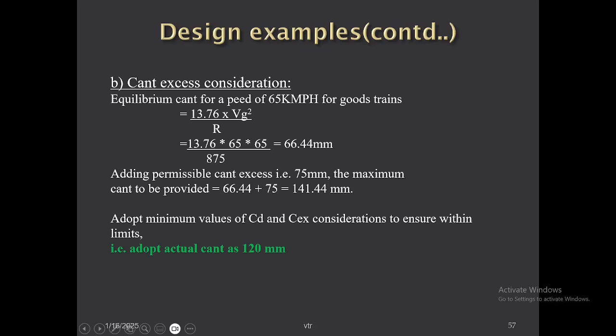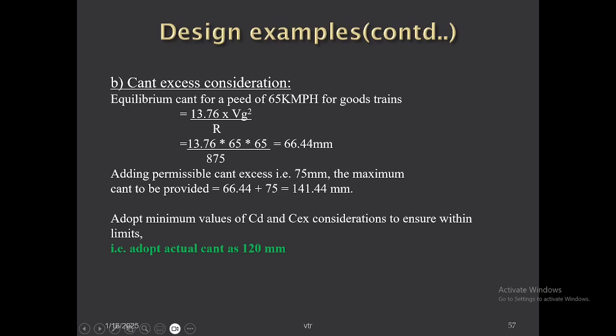This much we can provide, and even for the speed of 65 kmph, 75 mm cant excess is permitted. This will be the actual cant based on cant excess. However, we have to provide the minimum value, so out of the two, how much? In the earlier case, it was 120 mm under the cant deficiency consideration.